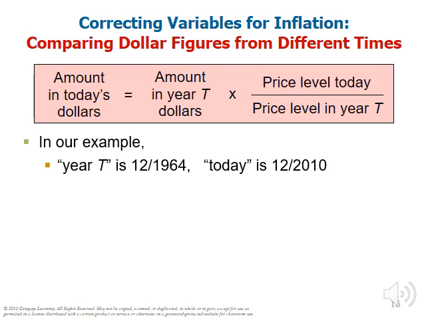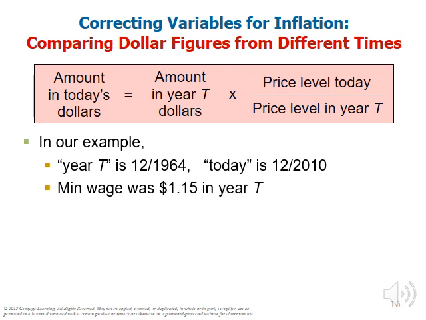So here what we're doing is we're taking an amount of dollars in past time and we're simply inflating it or growing it at the same rate as inflation. In our example, year t, or our year from the past, is 1964. We're going to consider today to be 2010.